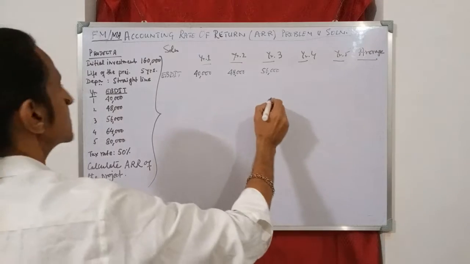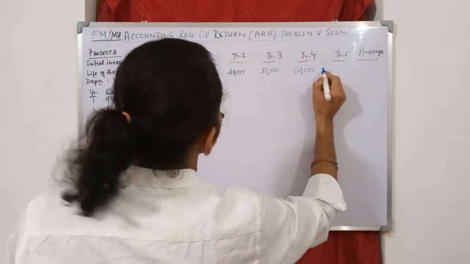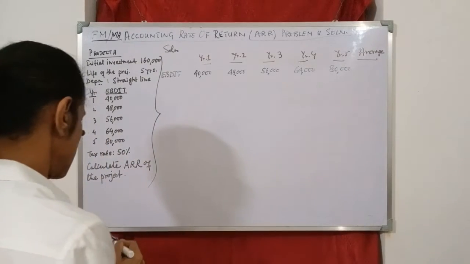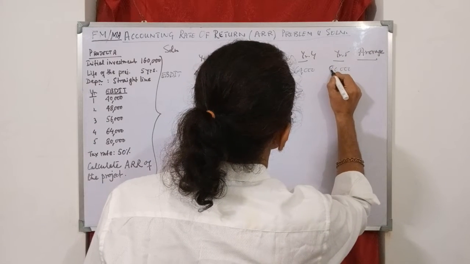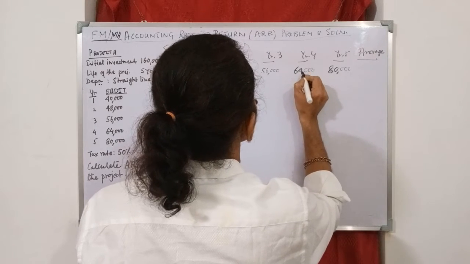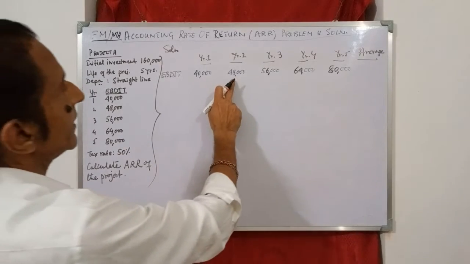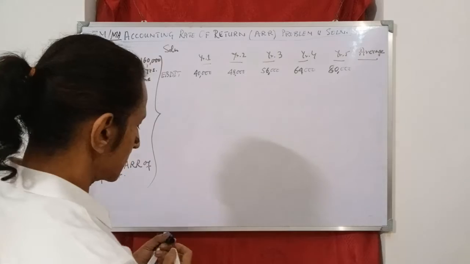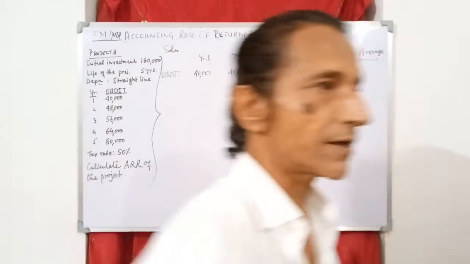In year 4 it is 64,000. And in year 5 it is 80,000. Okay, 40,000, 48,000, 56,000, 64,000, and 80,000. So we have to calculate the average. Let me use the calculator.